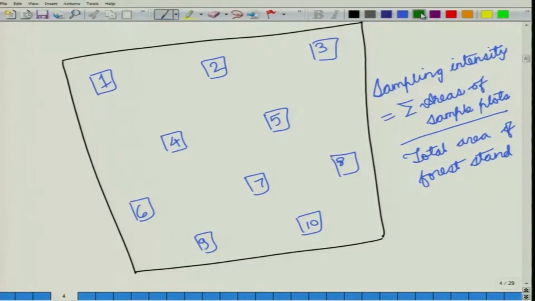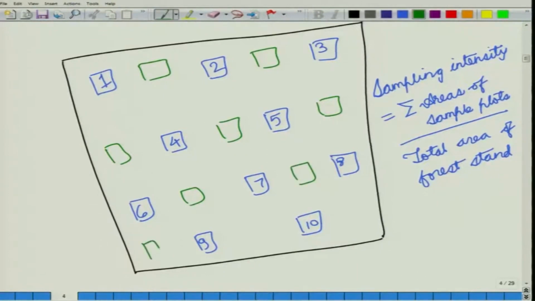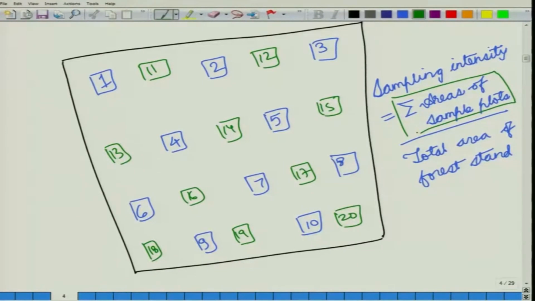In another instance, we took a few more sample plots. To continue with our numbering, this will be 11, 12, 13, 14, 15, 16, 17, 18, 19 and 20. Now, in this case the sum of the area of the sample plots has doubled as compared to the previous instance. So, we can say that the sampling intensity has doubled.